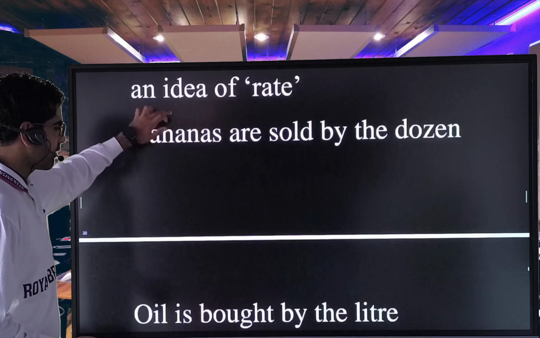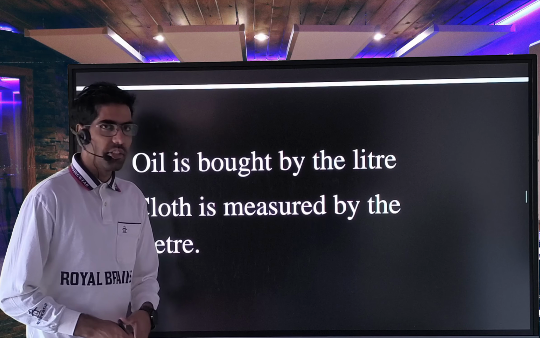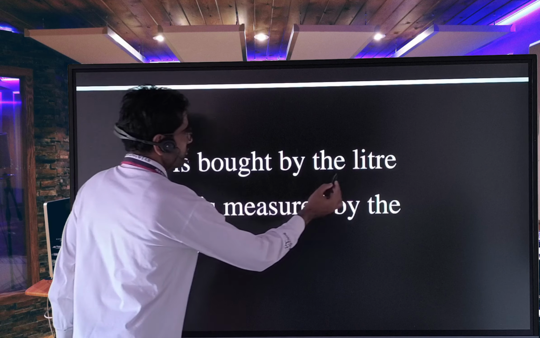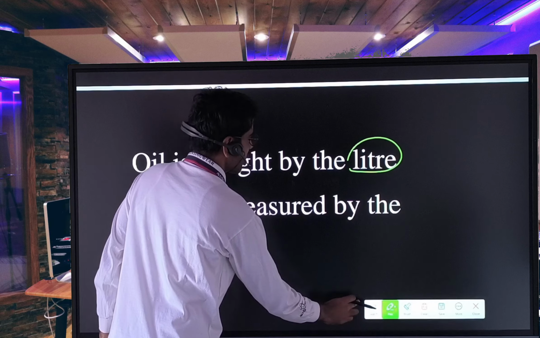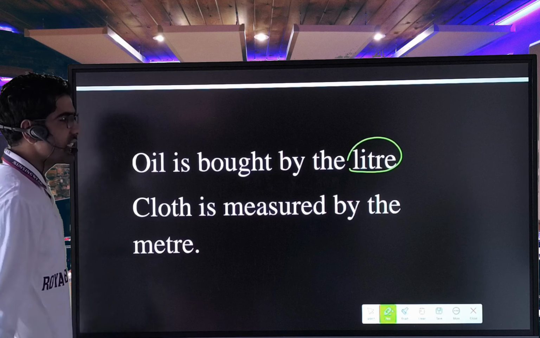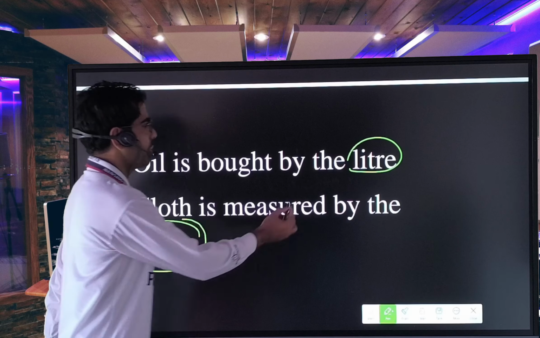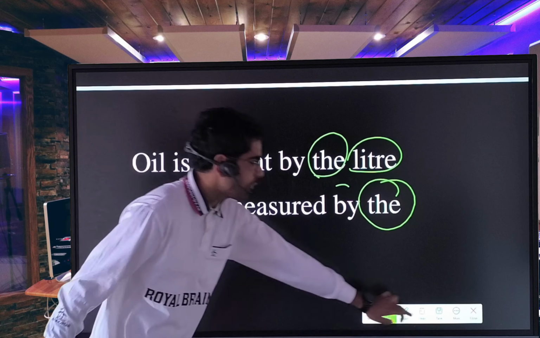Got it? Same way, oil is bought by the liter. By the liter. Okay? In the same way, cloth is measured by what? By the meter. Got it? So before this always use article the. Got it?